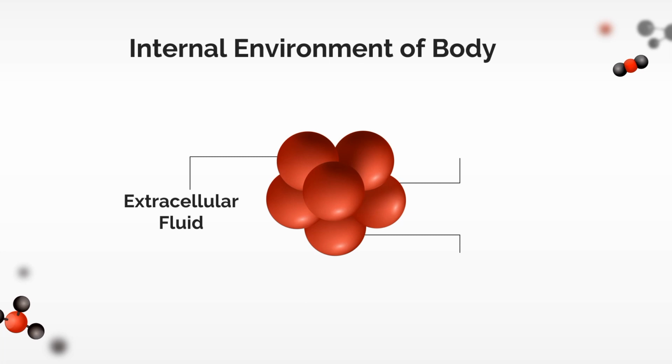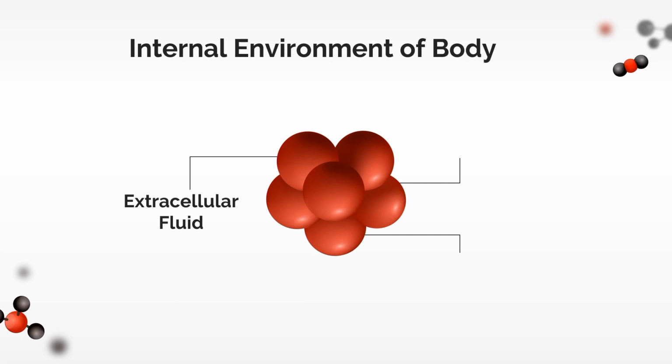Body cells take in essential nutrients from their watery surroundings and eliminate waste into the same surroundings. Here I would like to give some examples. The digestive system transfers the nutrients required by all body cells from the external environment into the plasma.